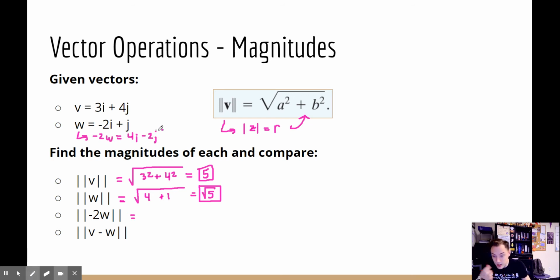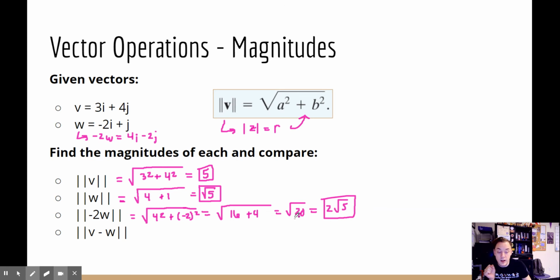So that's negative 2w, positive 4i, negative 2j. I'm going to use that to find my magnitude. So 4 squared plus negative 2 squared equals radical 16 plus 4. This equals radical 20, which simplifies down to 2 radical 5.